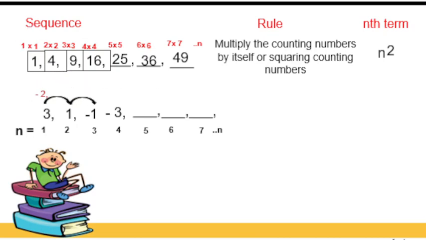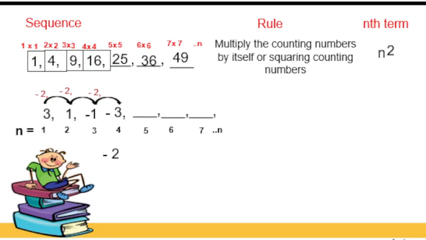Negative 1 minus 1 is negative 2. Then negative 3 minus negative 1 is negative 2. And so on. Now, the common difference is negative 2.